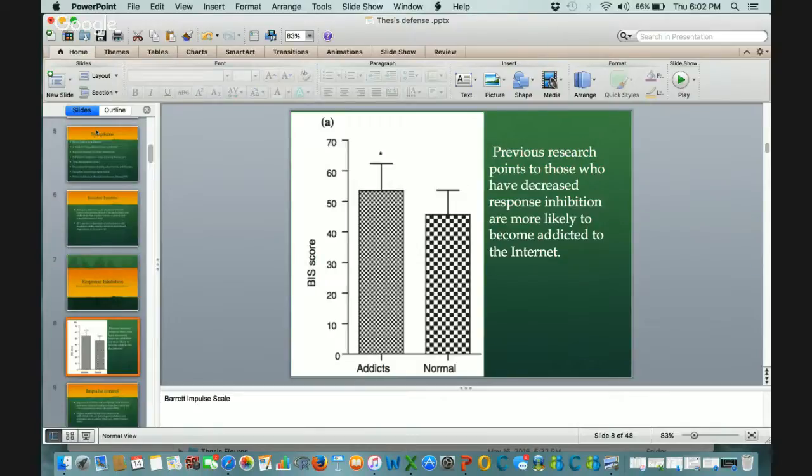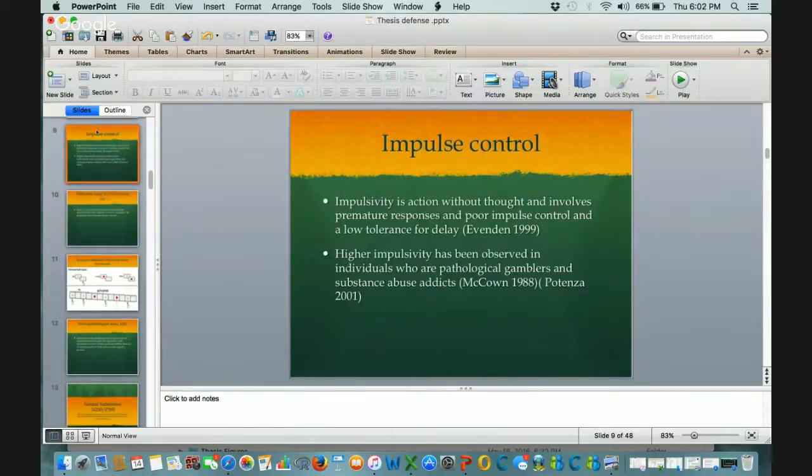And people who are addicted to the internet exhibit poor response inhibition. This is the reason why they become addicts. And this isn't just limited to internet addiction. This encompasses all addictions. So impulsivity is action without forethought, and it involves premature response, poor impulse control, and low tolerance for delay.